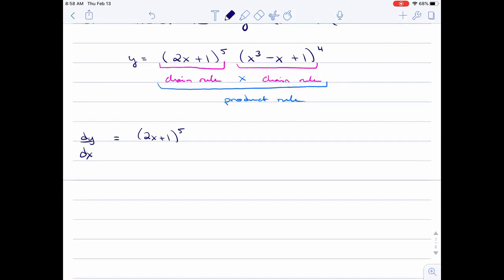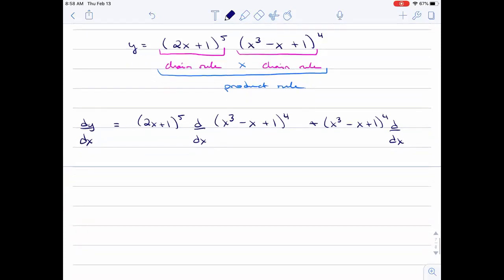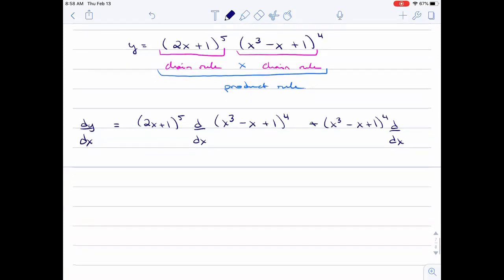And then I'll just use d dx of x to the power of 3 minus x plus 1 to the power of 4. Plus, then the second one is held steady, x to the power of 3 minus x plus 1 to the power of 4. And then d dx times the derivative of this first, which is 2x plus 1 to the power of 5.